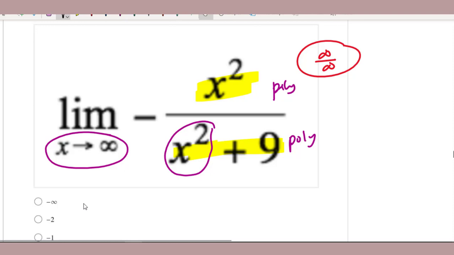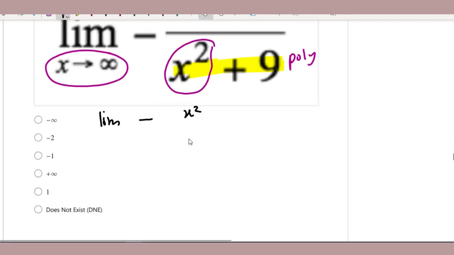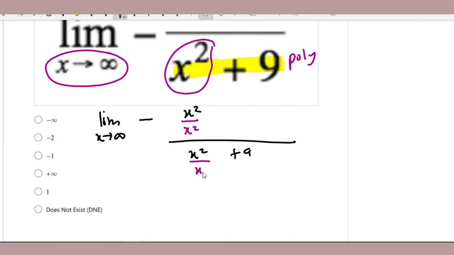So, the limit of negative x squared over x squared plus 9 as x tends to infinity, divide by x squared over x squared. Simplify: limit of negative 1 over 1 plus 9 over x squared as x tends to infinity.